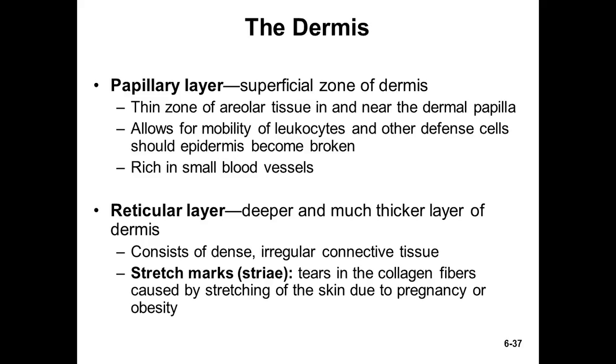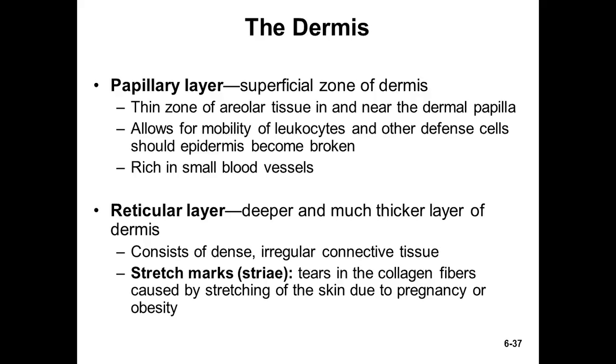It's common in people that are overweight or obese, pregnant women as well. So when those collagen fibers tear and they repair themselves, they leave behind those little stretch marks. So it's really overstretching of your skin. Make sure you read the reticular layer.